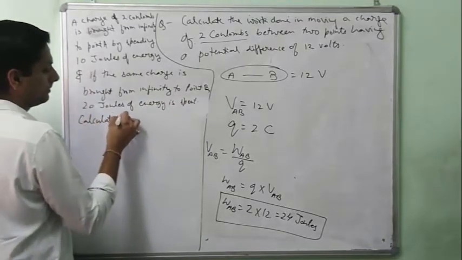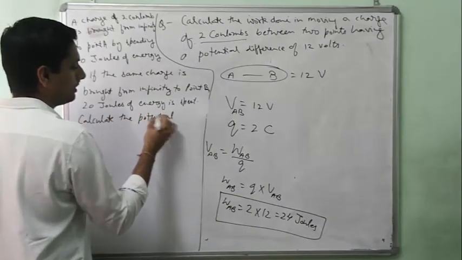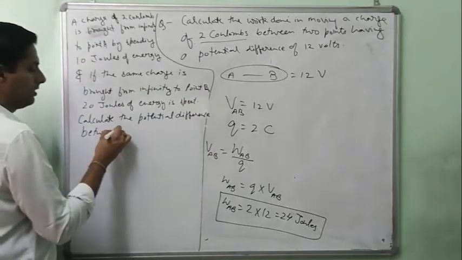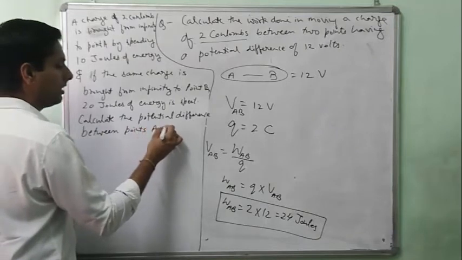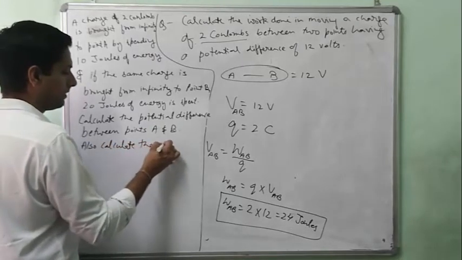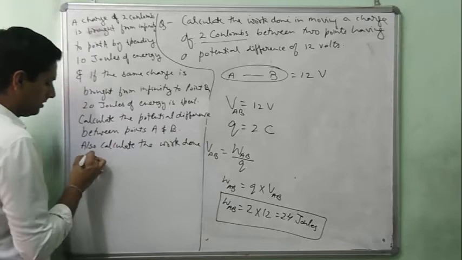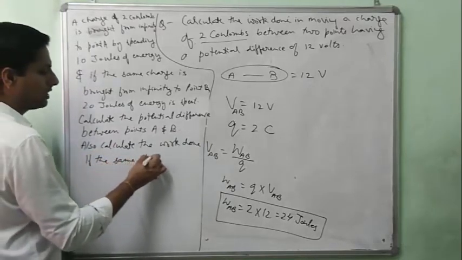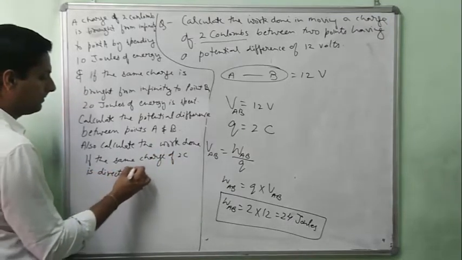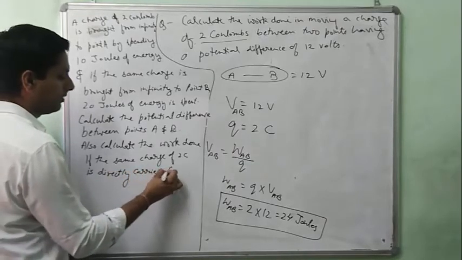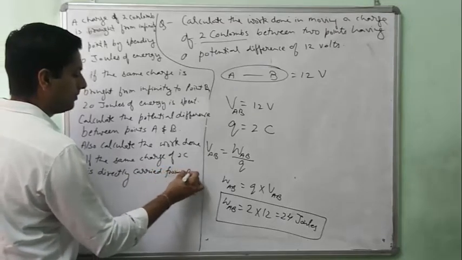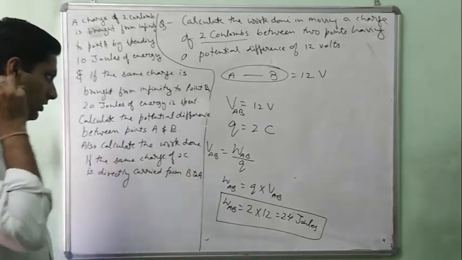Calculate the potential difference between points A and B. Also calculate the work done if the same charge of 2 coulomb is directly carried from B to A. Okay, now how will I do this?